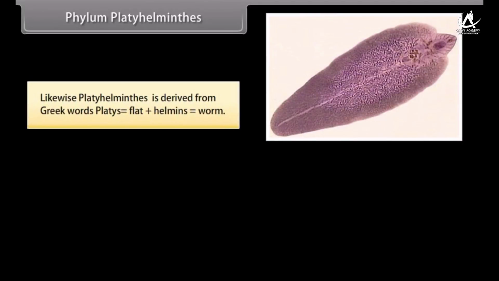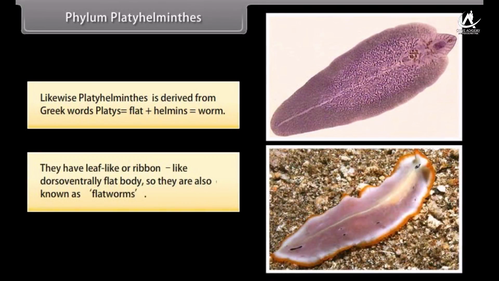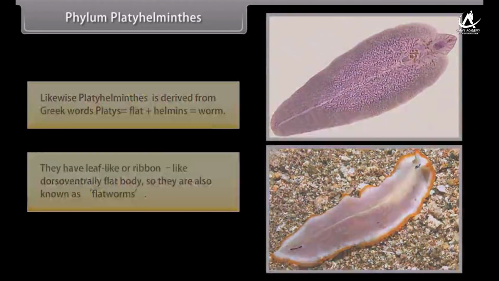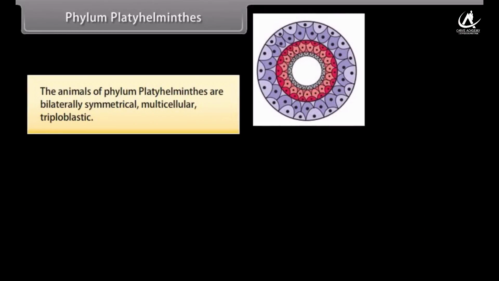Phylum Platyhelminthes. Likewise, Platyhelminthes is derived from Greek words platys, flat, plus helminths, worm. They have a leaf-like or ribbon-like dorsoventrally flat body, so they are also known as flatworms. The animals of phylum Platyhelminthes are bilaterally symmetrical, multicellular, triploblastic.